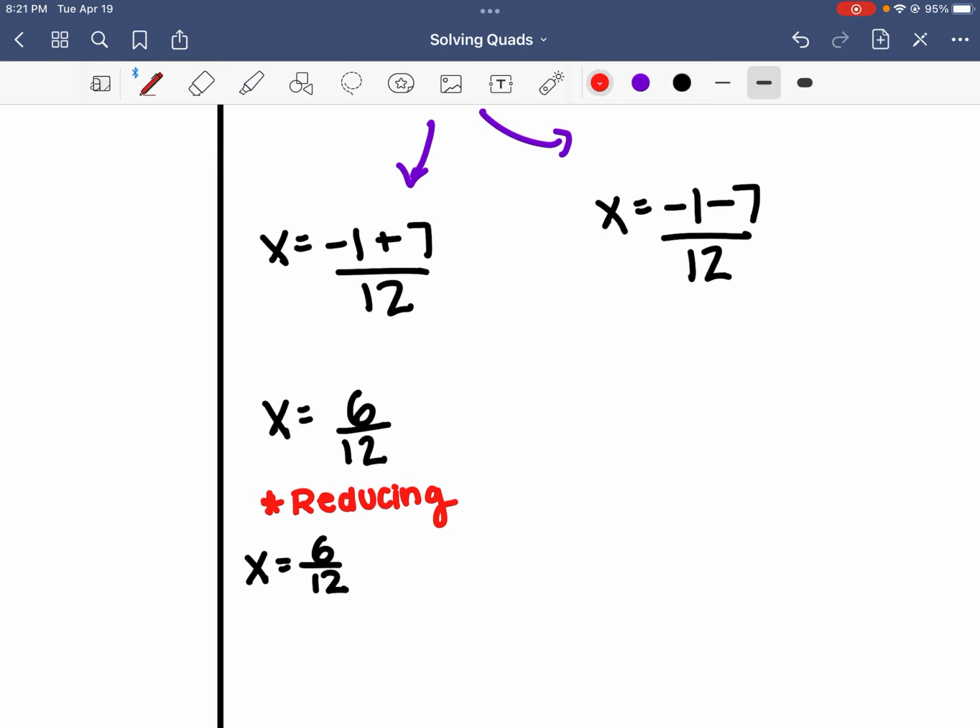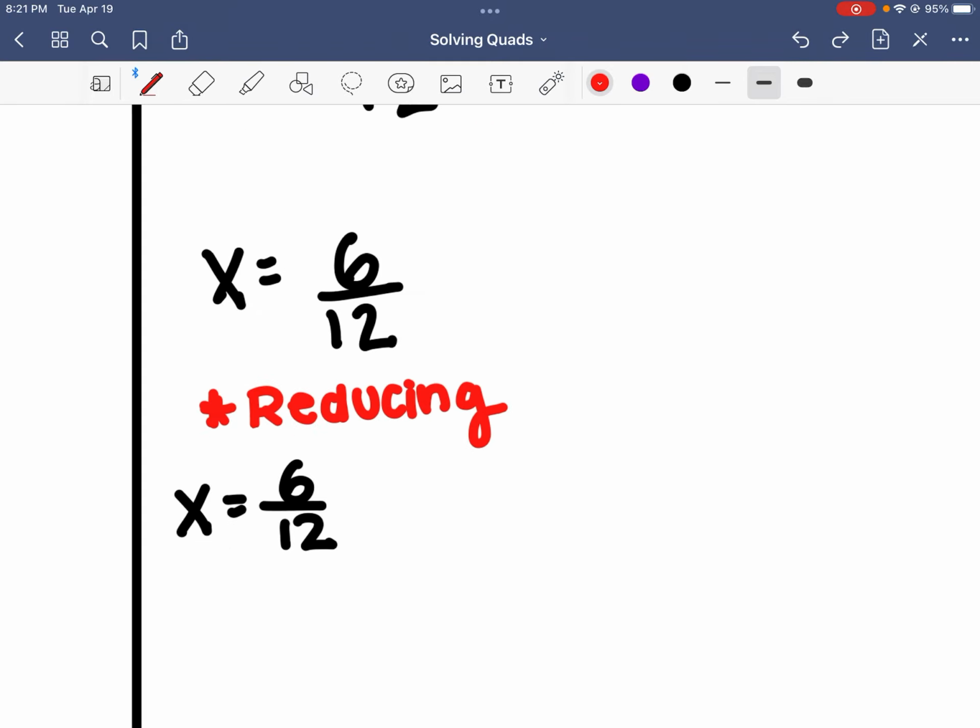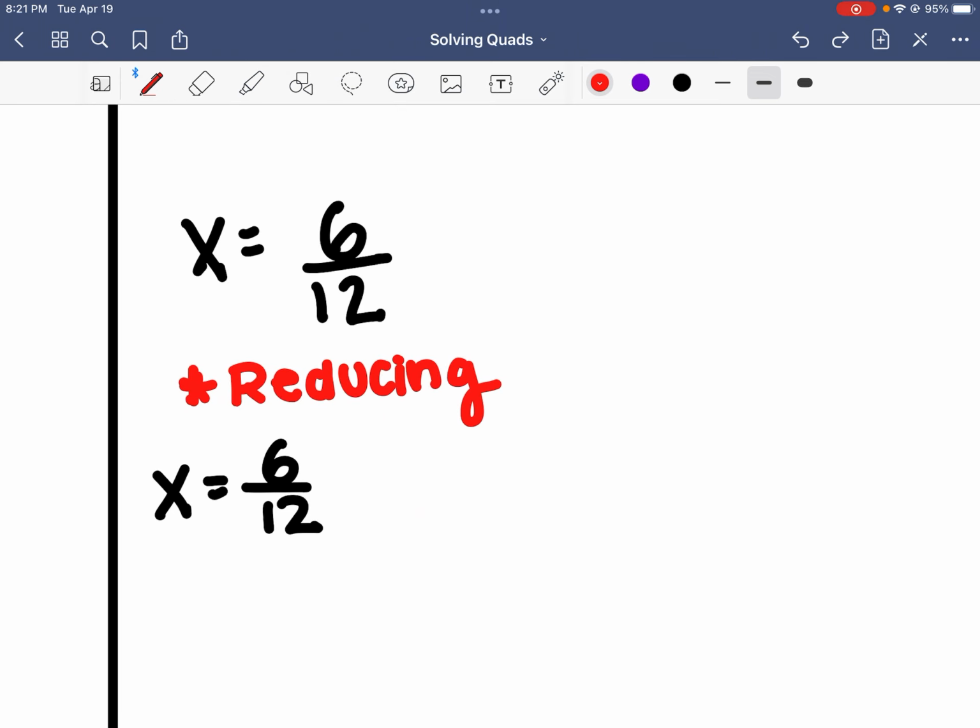I see that both of these numbers are even, right? And since they're even, that means that 2 can go into them super easily. So I'm going to rewrite them using 2's.